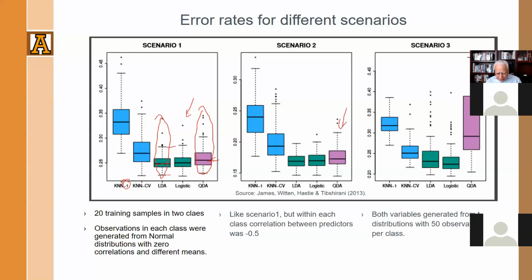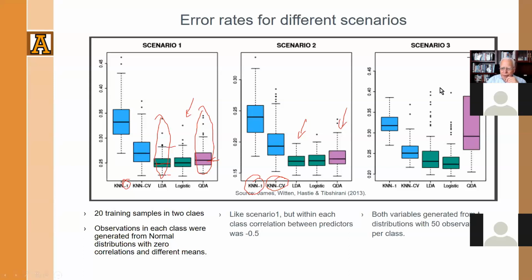Still, the conditions for the linear discriminant analysis hold, and the worst case is the KNN with one nearest neighbor. KNN with CV means that we chose the value of K by cross-validation. We'll talk about that when we talk about the resampling techniques.